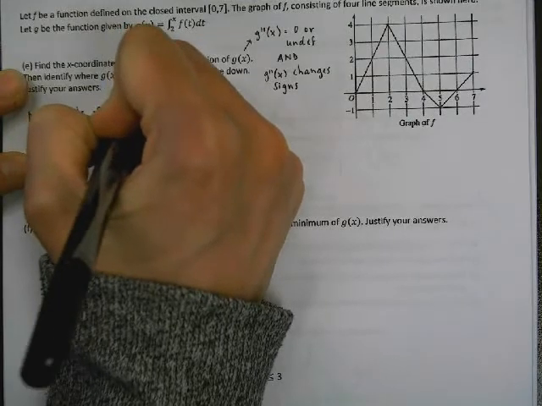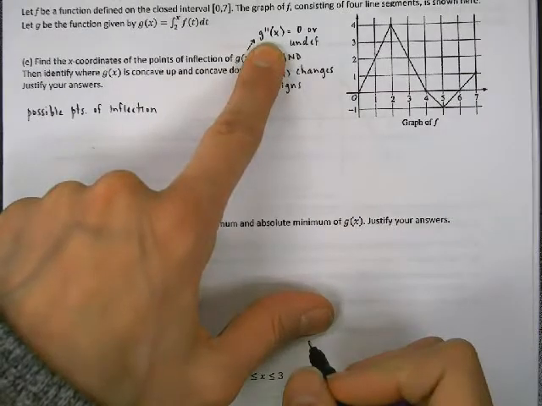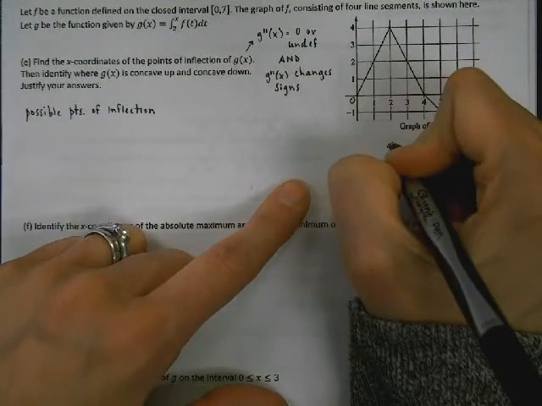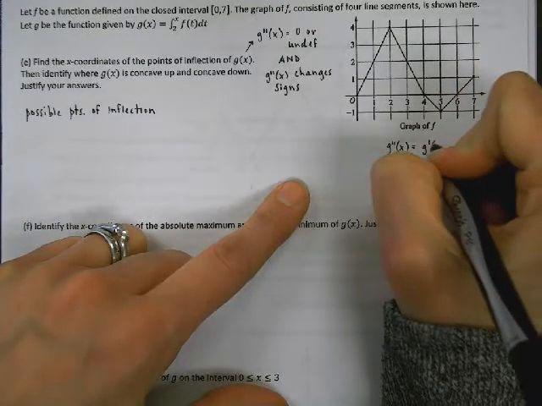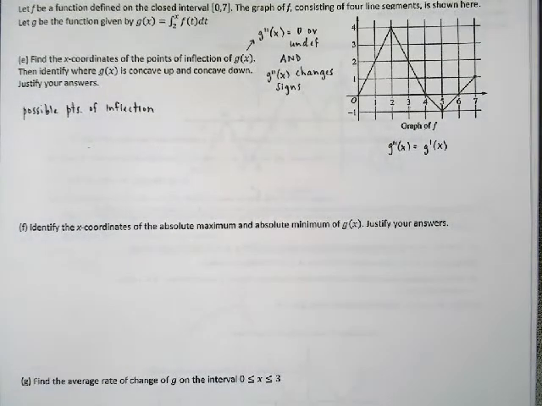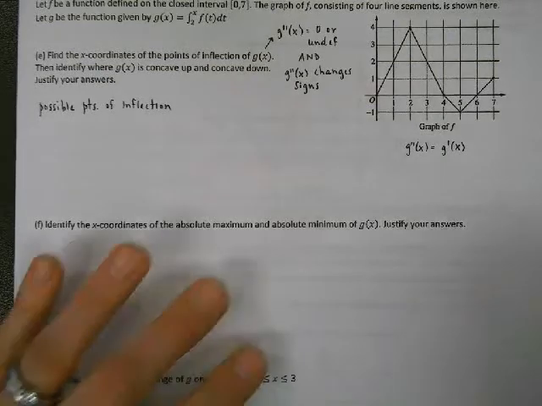So when we were talking about this, we said g double prime of x is equal to g prime of x. Sorry, I wrote that wrong. g double prime of x is equal to f prime of x.